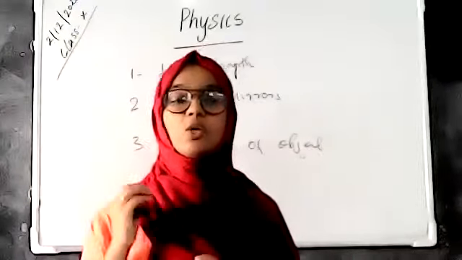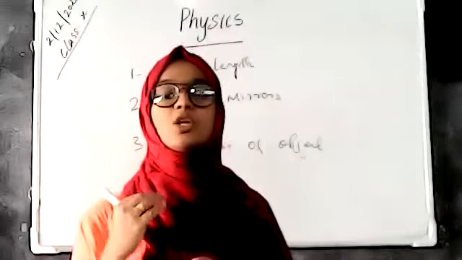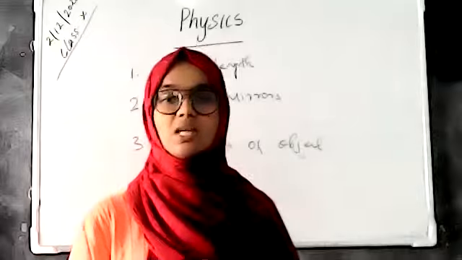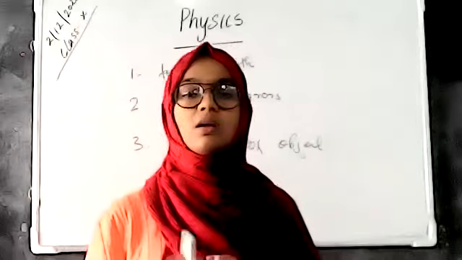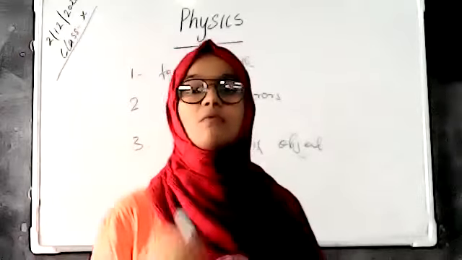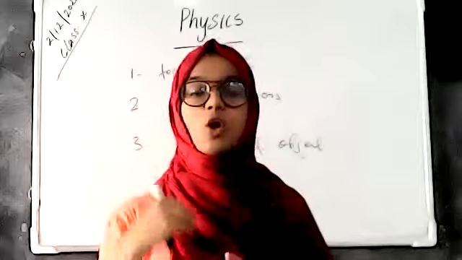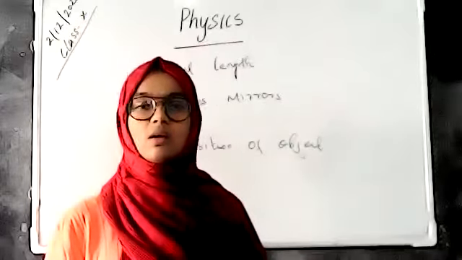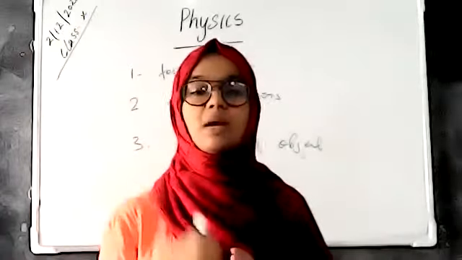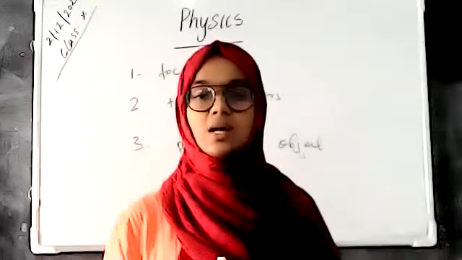So when we use the new Cartesian sign convention, when the position of the object changes, the position and nature of the image change. We want to find how the size and nature of the image change with the new Cartesian sign convention.